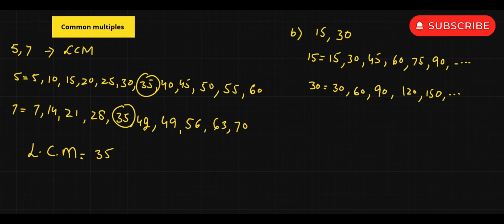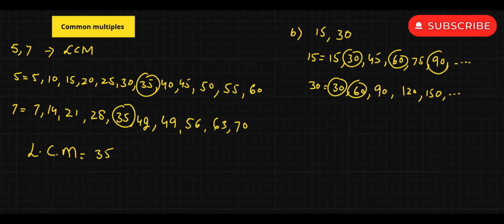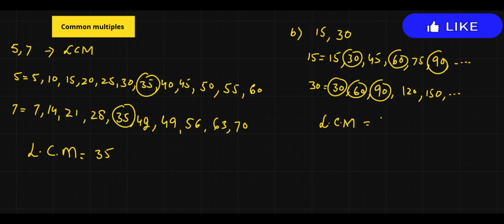So the common multiples are 30 and 30, 60 and 60, 90 and 90. These are common multiples. The LCM is the lowest common multiple or the least common multiple. So we have to pick the smallest one from all of them, and that is 30. So the LCM of 15 and 30 is 30.